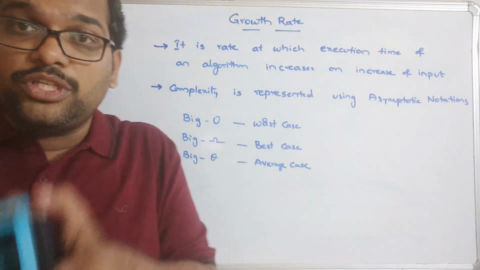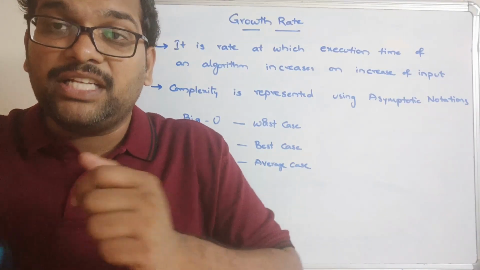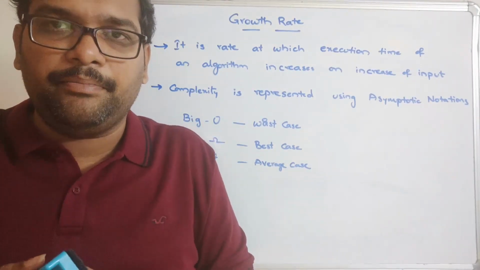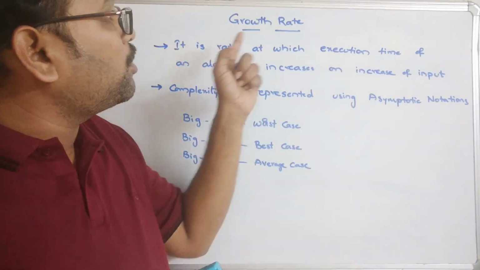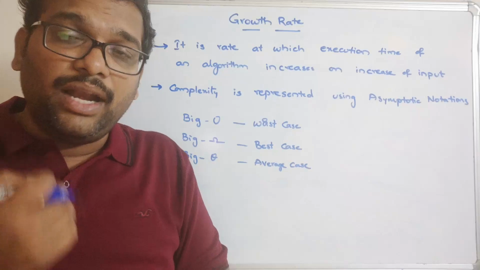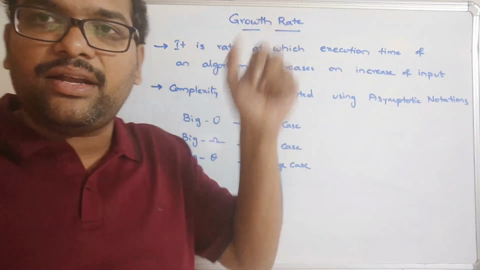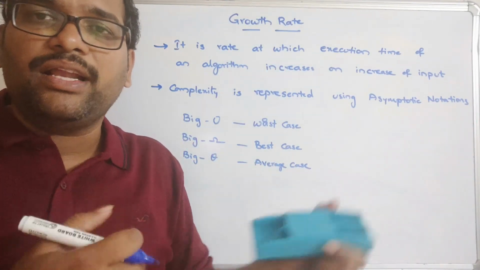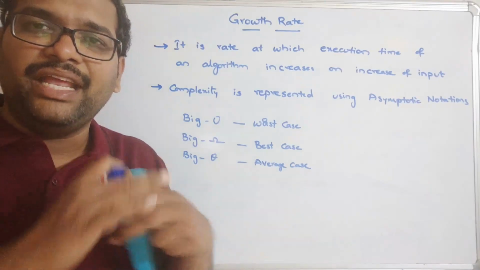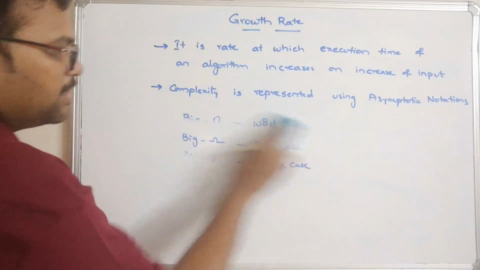That means which one will be the best and which one will be the worst, based upon the execution time with increase of input. That we call a growth rate, and in order to calculate the time complexity, we have to know the growth rate order. If you know the order of growth rate, it will be simple while calculating the time complexity of any algorithm or any pseudocode.